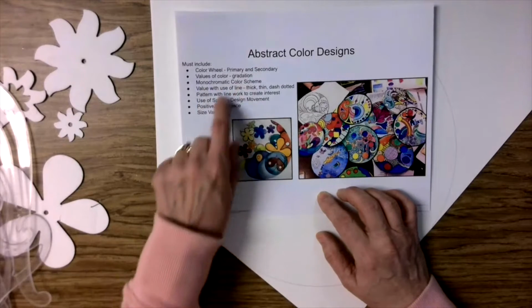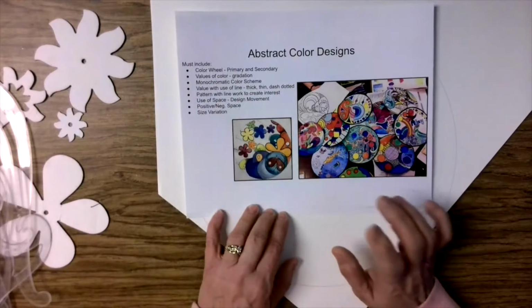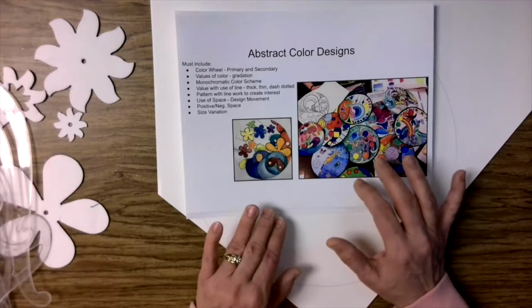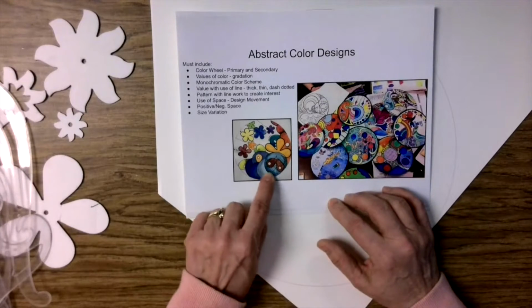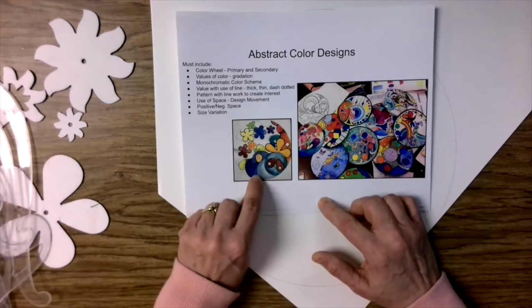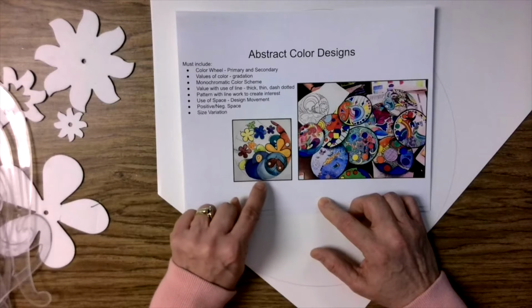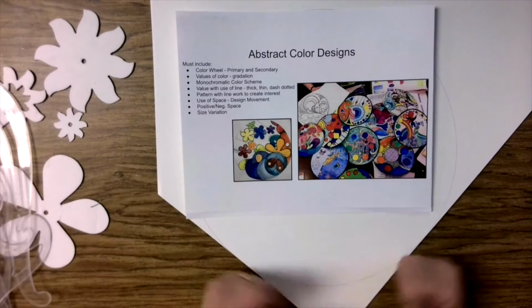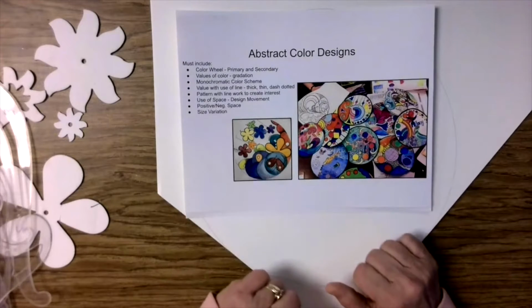Monochromatic color scheme, that means various shades of one color, which would also be in here. So technically, this one right here would be a gradation because it goes from light to dark. But then you do have a gradation of that color value, which is actually monochromatic. So it kind of has both right there.